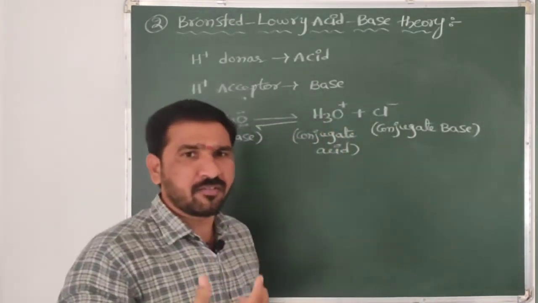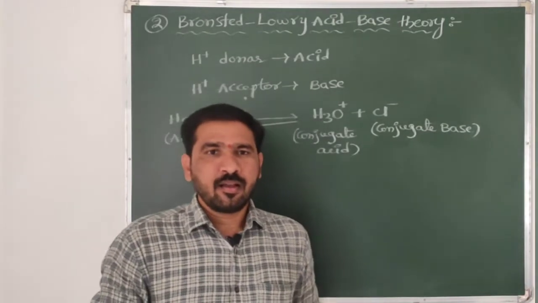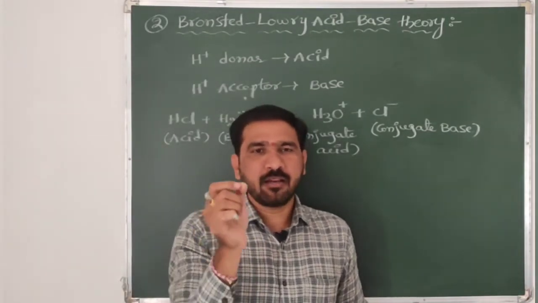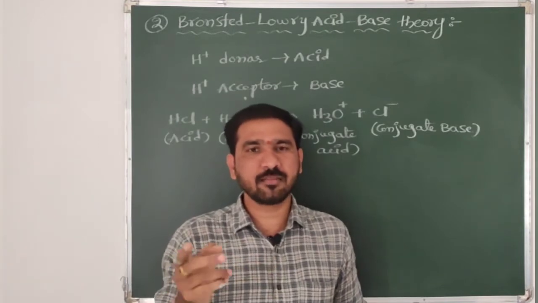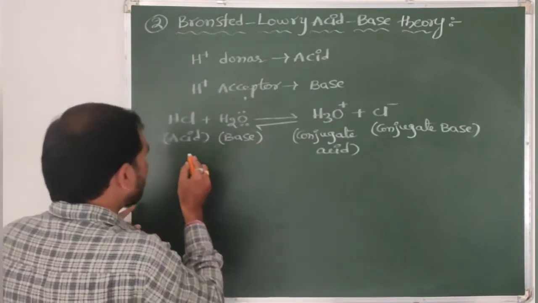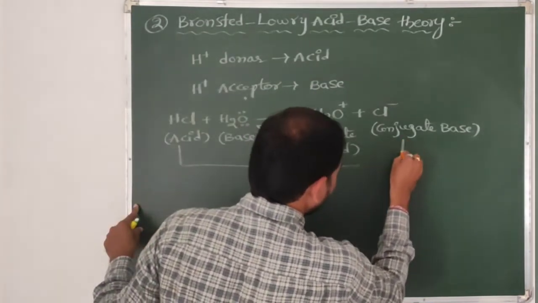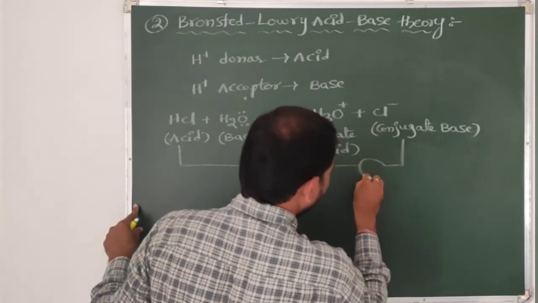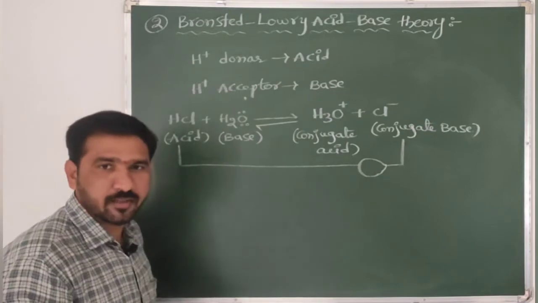What is the meaning of a conjugate acid base? Remember, an acid base pair which differs by one proton is called a conjugate acid base pair. This is very, very important. Let me take HCl and Cl minus. What is the difference? H plus only.